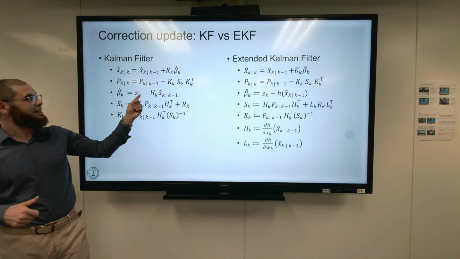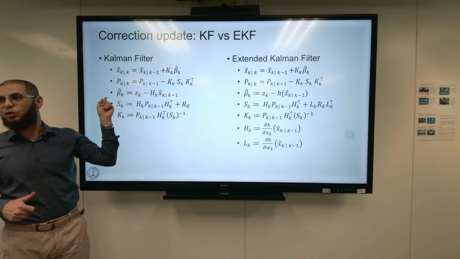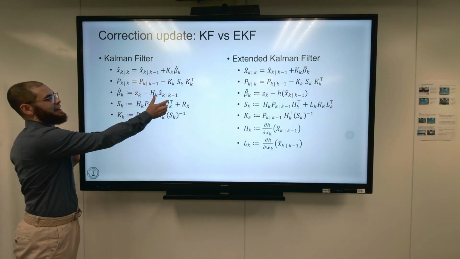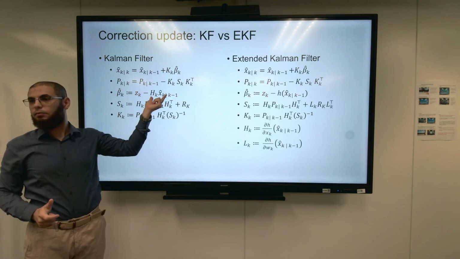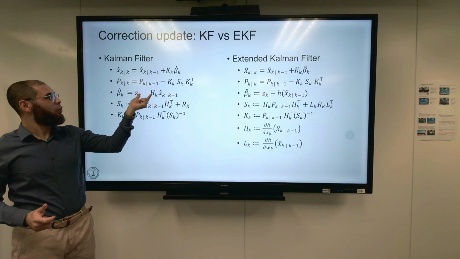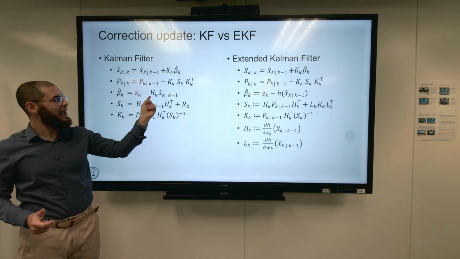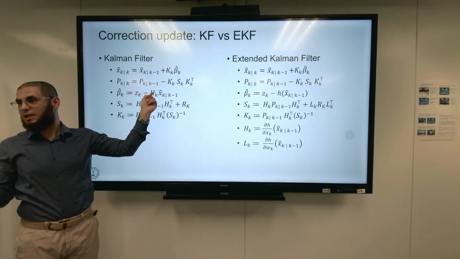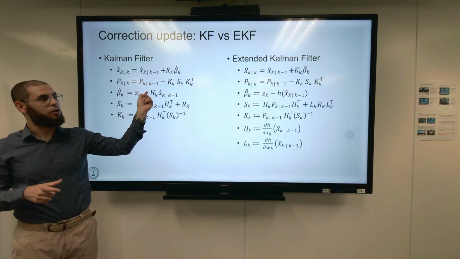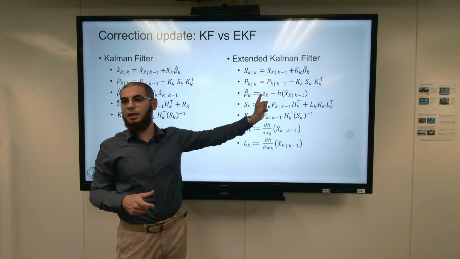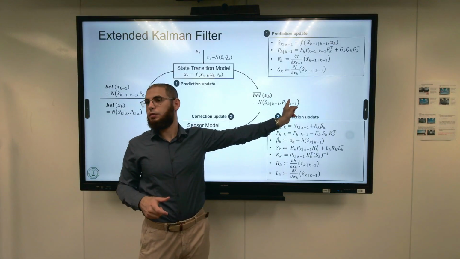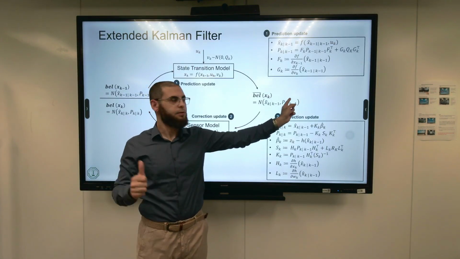When we computed the innovation, the beta hat here, which was the difference between the z and our predicted measurement, we used the H matrix that comes from the measurement model. However, here we used the nonlinear equation. So that's the first difference.